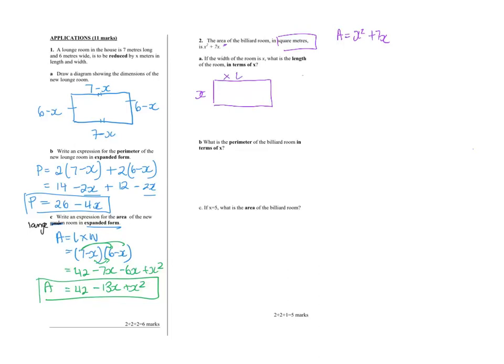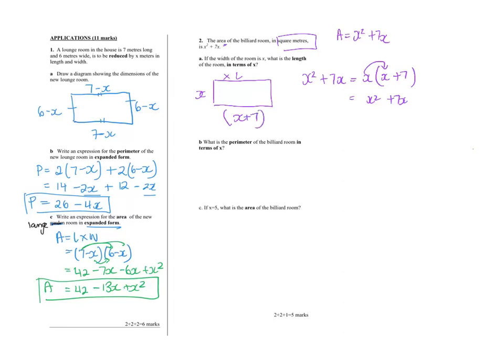So if you know that x squared plus 7x equaled x times something, we can see to get that pattern we would have had to get another x and plus 7. So you can see because x times x is x squared and x times 7 is 7x. So we can see that this length must be x plus 7 to be able to go back to that area.